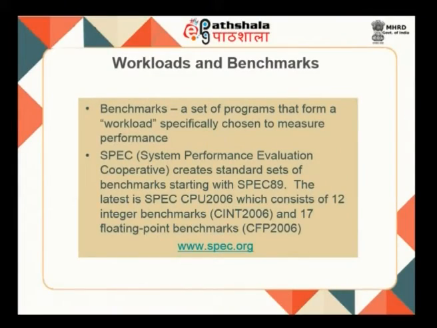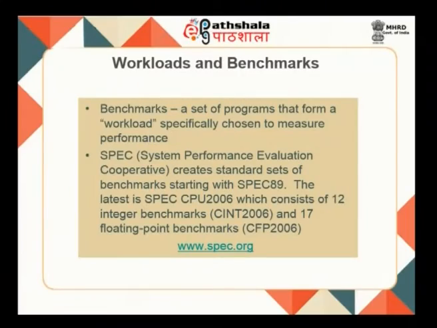When you have to bring in a design innovation in your architecture, say, I am going to improve the floating point square root unit, to show that it has indeed improved my performance, I will run programs which are floating point square root intensive and try to produce figures which will give very high improvements in performance. But that is not so, because the processor is going to perform well only with respect to floating point square root operations.